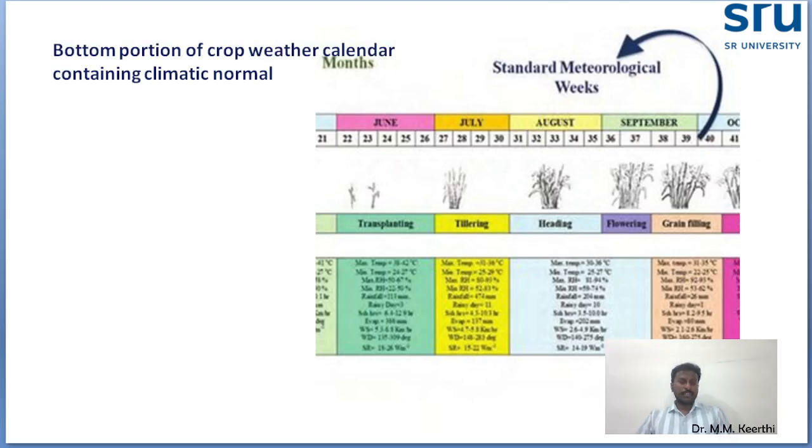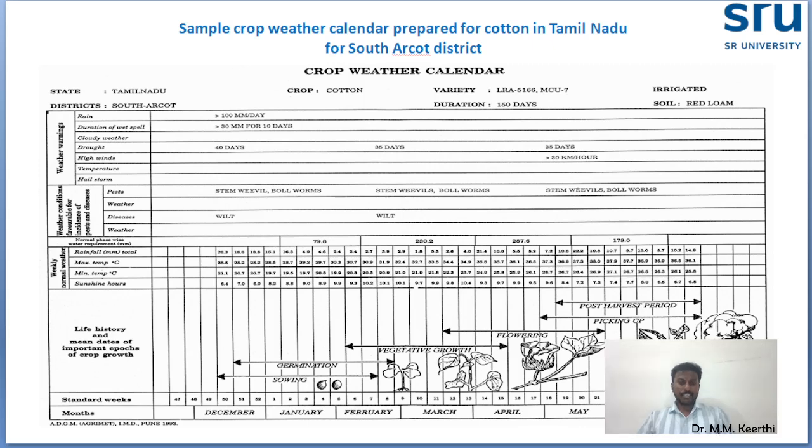So here I will show the last picture, you will understand easily. Here in the bottom, crop details will be there, including month wise standard weeks, and crop details showing when, in which month. For example, in December, 15th standard week, the sowing season will start, followed by germination, vegetative stage, flowering stage, picking stage, post stage.